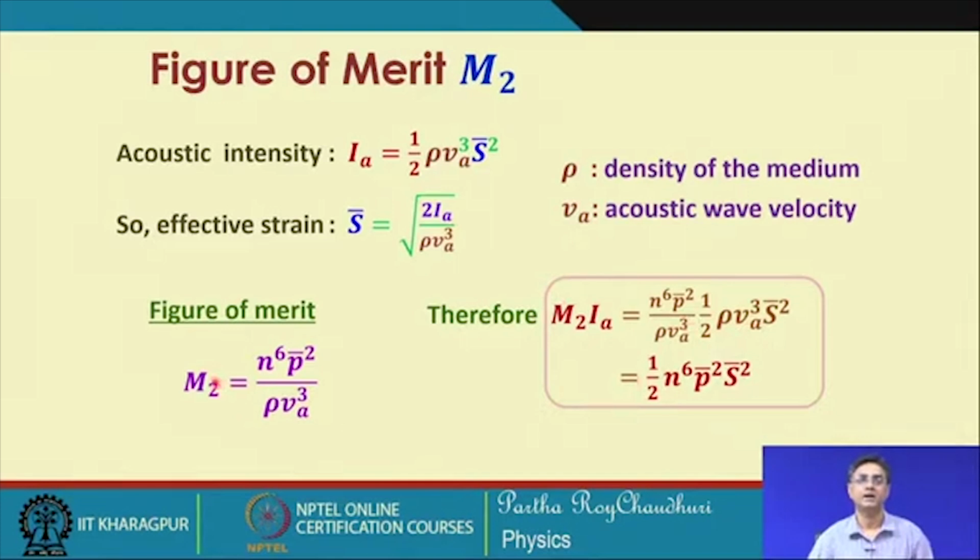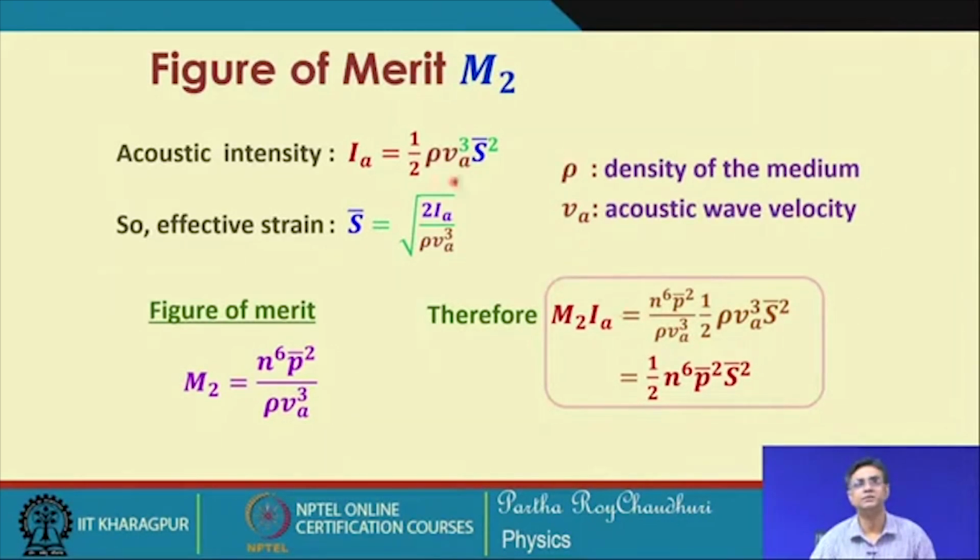Once again, in place of rho V_A cubed, the acoustic velocity cubed, I can use twice A by S bar squared. If I substitute here into this equation, and take this to this side, then we can get this equation.